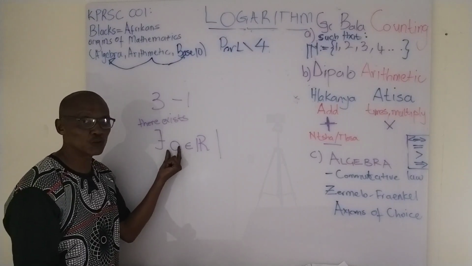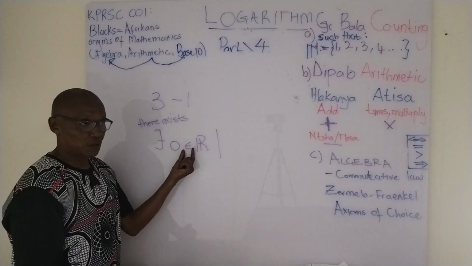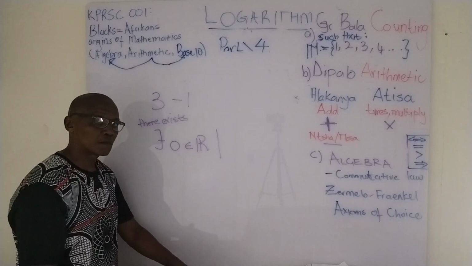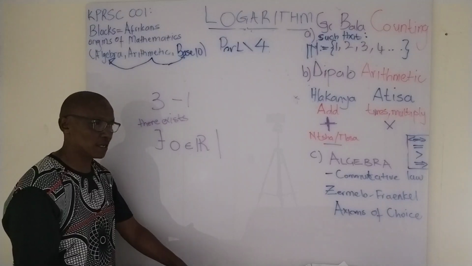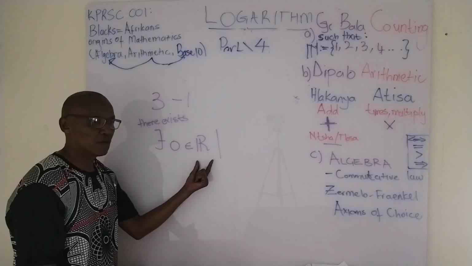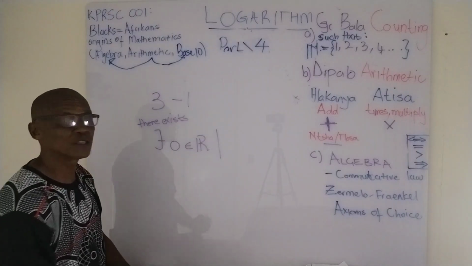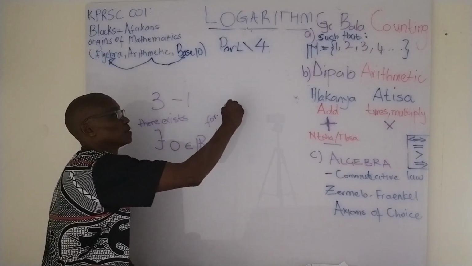You'll see why it's neutral. Right? Which is inside the reals. We say it exists. We declare that statement that it exists. There exists a neutral element of the reals, for which. This line is called for which.